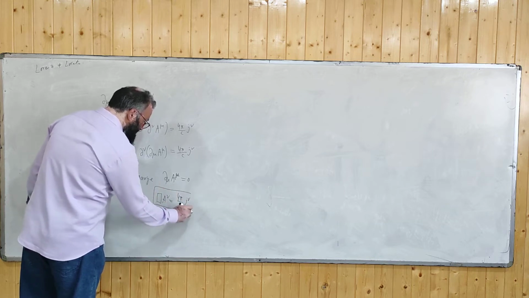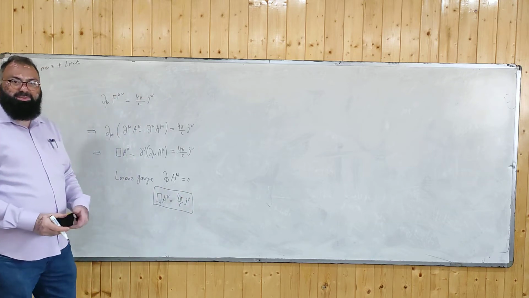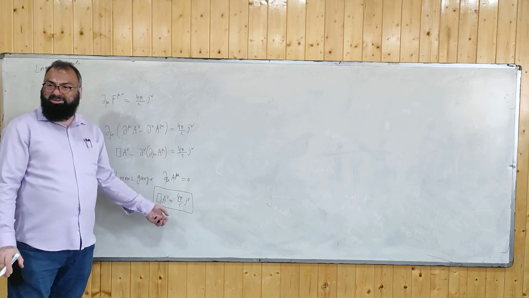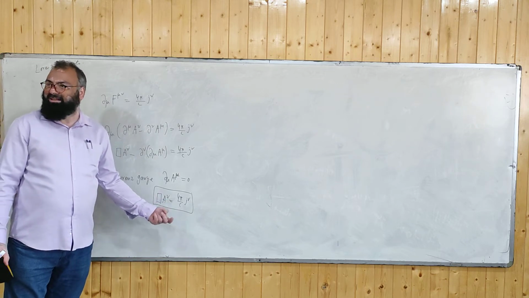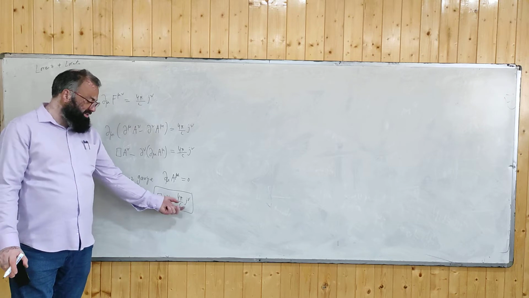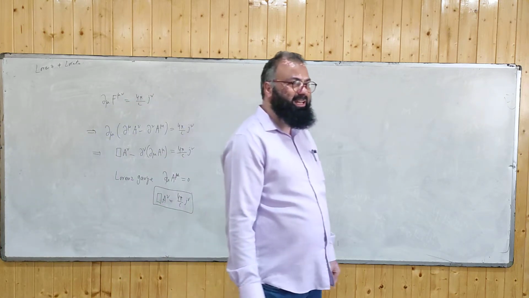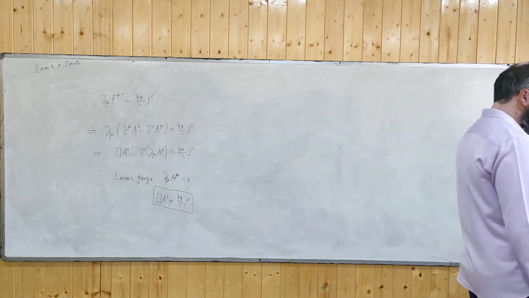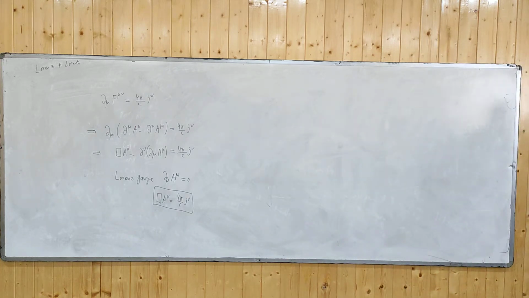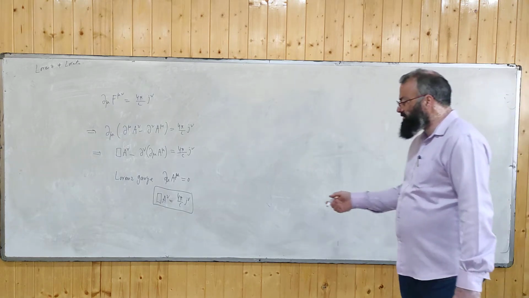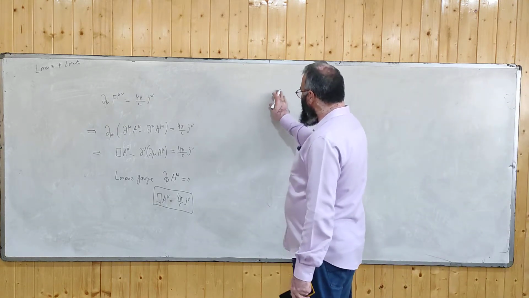Now this is an inhomogeneous differential equation. For each component mu, you are having a differential equation. Clear? Because it's an inhomogeneous differential equation, we can solve it by the method of Green's function. Before doing that, let's try to do it in a simpler fashion. Let's convert this into the three-dimensional form, so separate out the components.